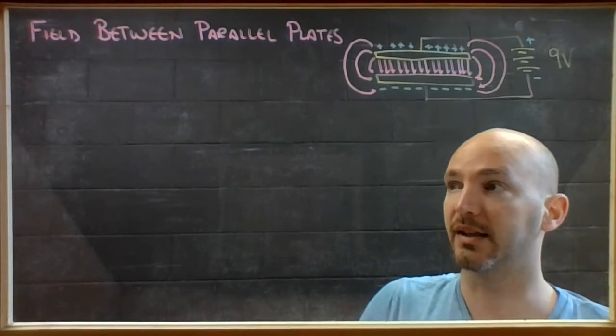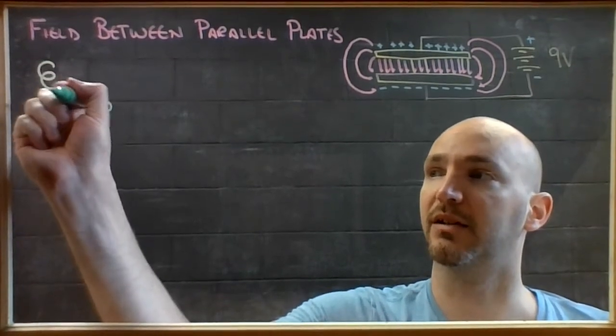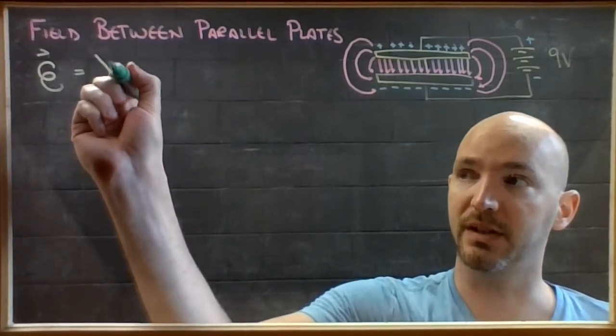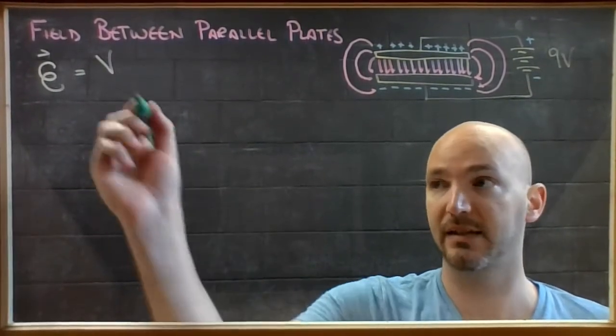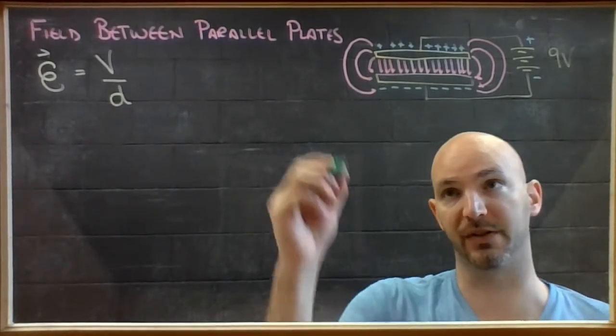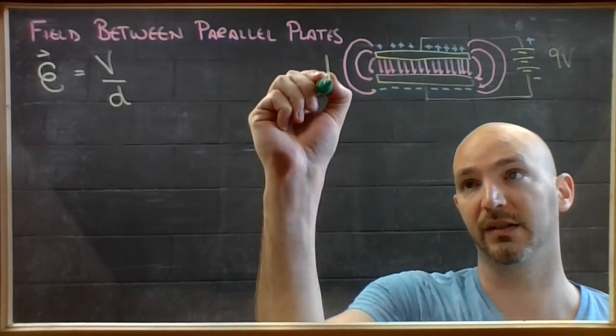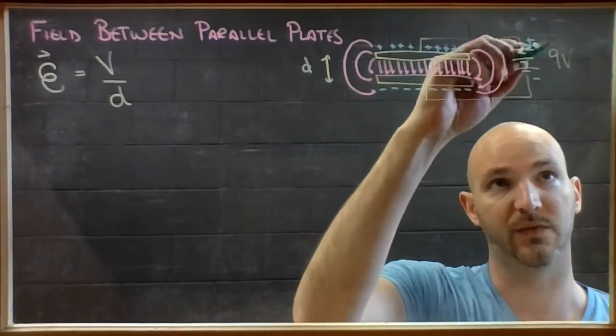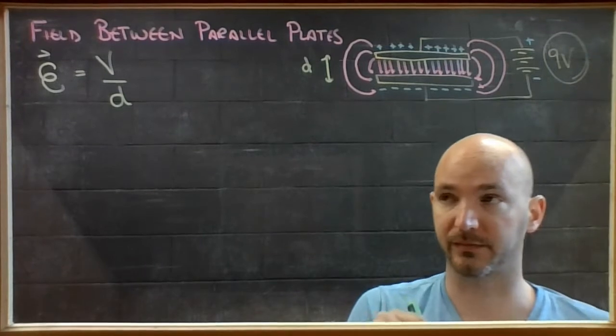The field strength in between there, I'm going to use a big curly E for field strength, is simply the voltage you applied to those plates divided by how far apart those plates are from each other. So D is this distance, and V is this voltage over here.